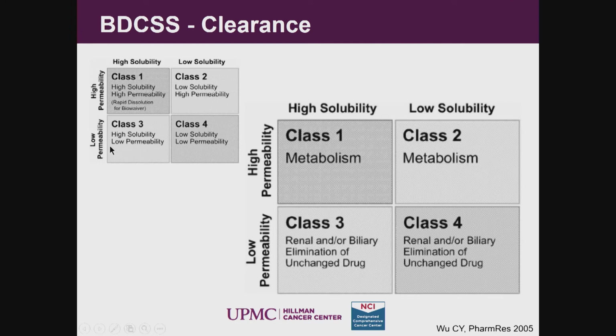Again, this is the original BCS classification system, now applied to clearance. Class 1 and 2 are often metabolized, and class 3 and class 4 are usually not metabolized and are excreted by the kidney or the bile unchanged, because they are low permeable and they will not be reabsorbed. They may be excreted mostly unchanged.